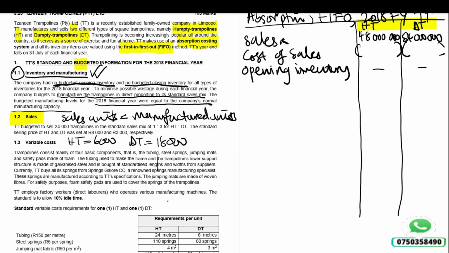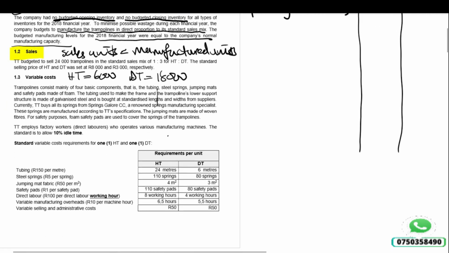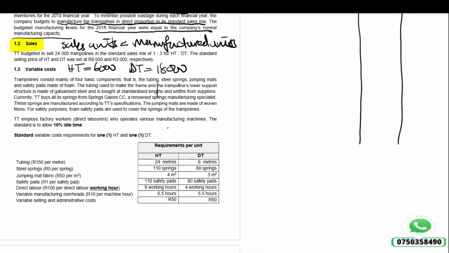Now let's go to manufacturing: direct material, direct labor, and variable manufacturing overheads. Let's look at the information given now. Do we have our direct material? If you look at this question, on note number 1.3 they talked about variable cost, which means this does not cover fixed cost, it covers only the variable element.